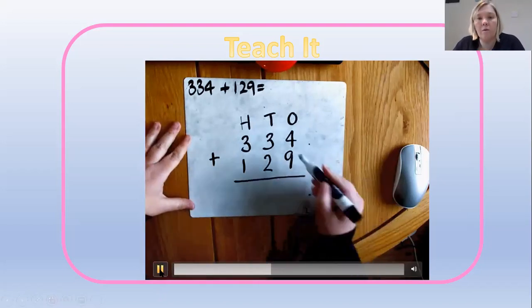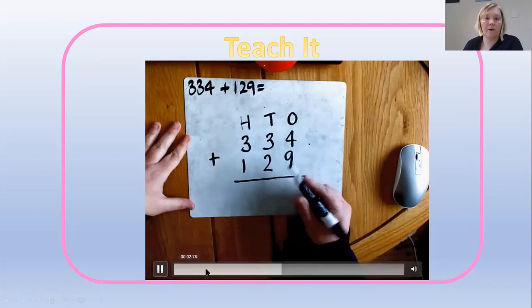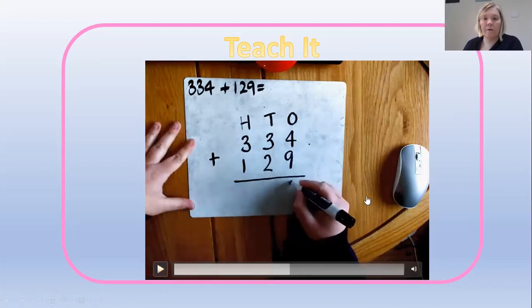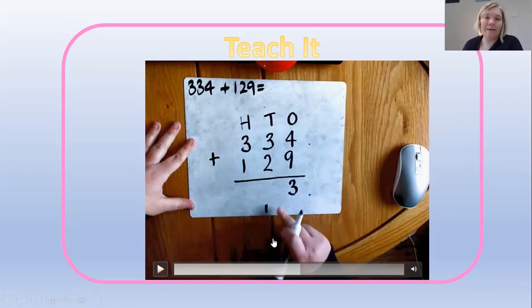And I start with my ones column, 4 plus 9. So I can do it the other way around. I can use 9 plus 4 if that's easier for you. And that's 13, but I need to put that 1 here.